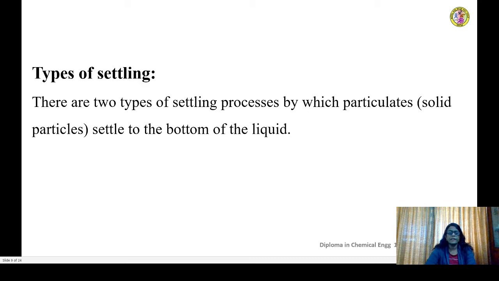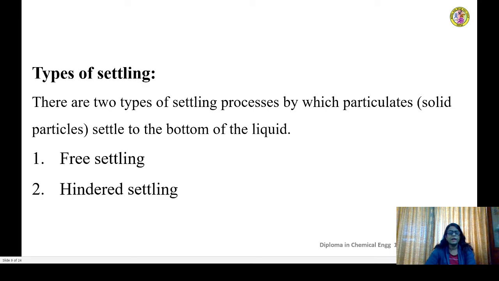Under different conditions of slurry concentration, we will observe different kinds of settling of the particles. Accordingly, we have two kinds of settling process called free settling and hindered settling. Let us now understand what is meant by free settling and hindered settling and what the differences between the two types of settling process are.